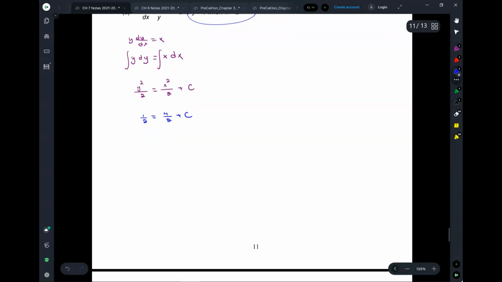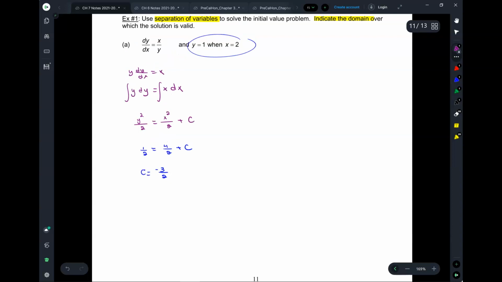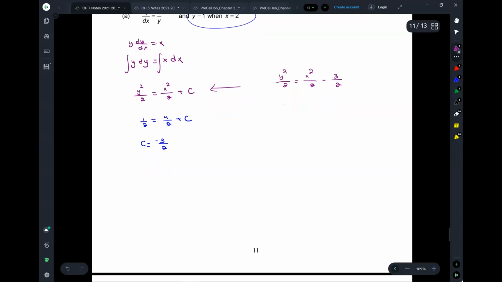So what's c equal to? Negative 3 over 2. Now I'm going to take the c and plug it back, not into there, into here. So I'm going to get y squared over 2 is equal to x squared over 2 minus 3 over 2. Multiply through by 2, so y squared is x squared minus 3.